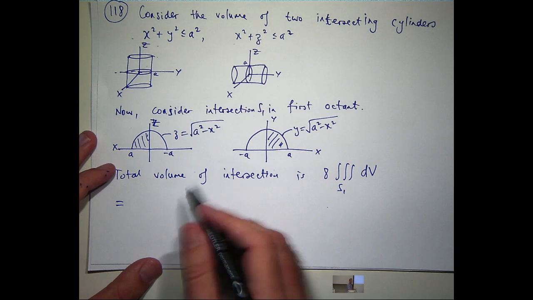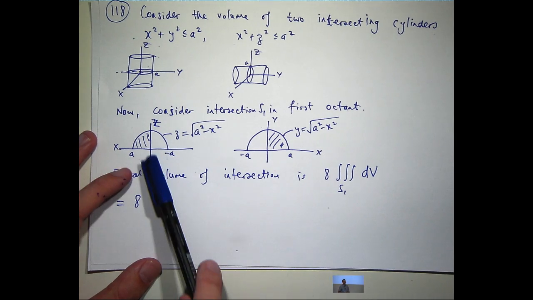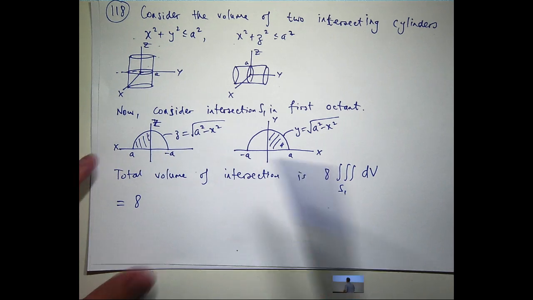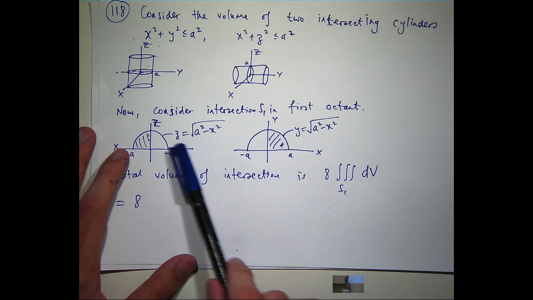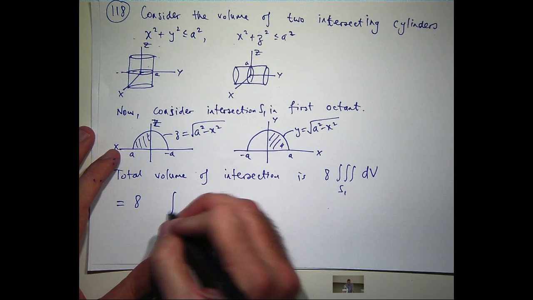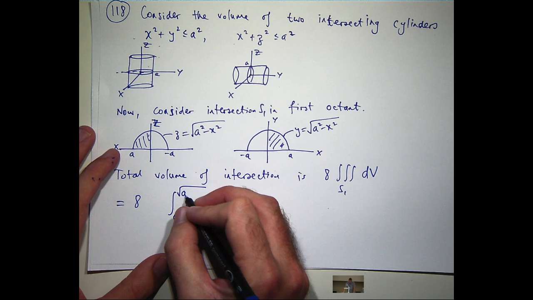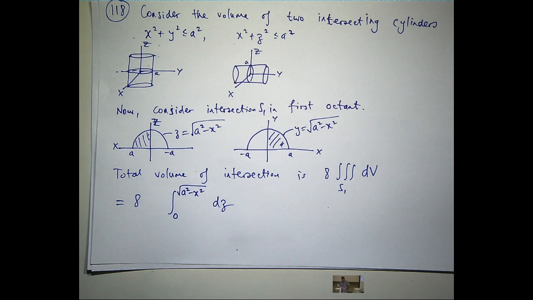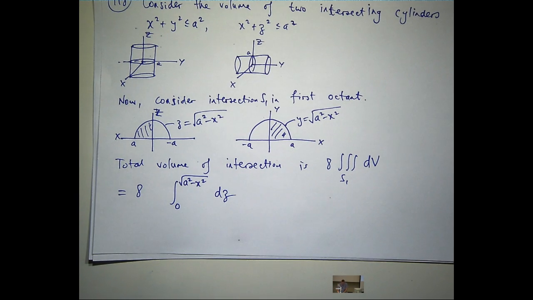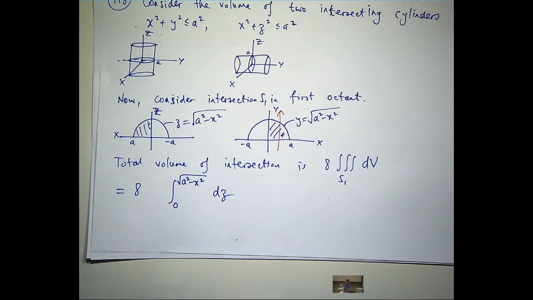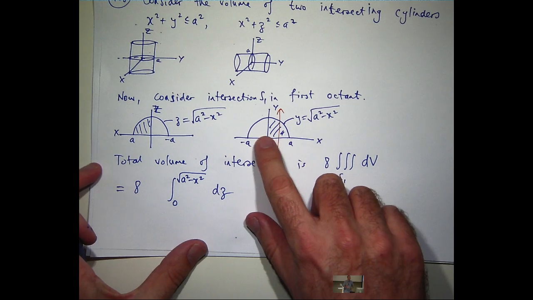Well, z's going to be between the zero plane and the surface z equals root a squared minus x squared. If I draw a vertical line in here, y is going to be between 0 and this curve.